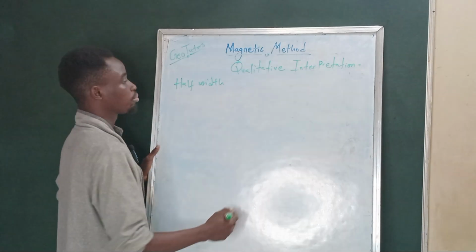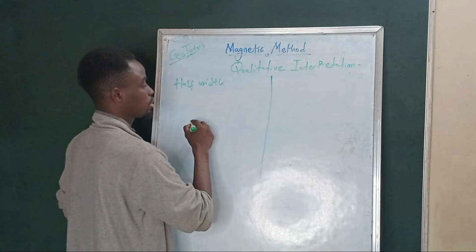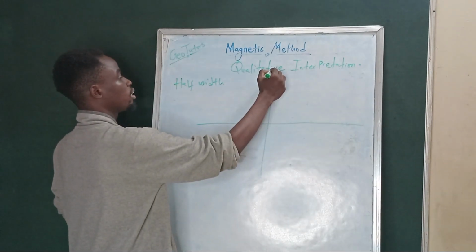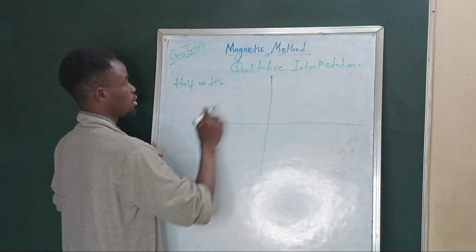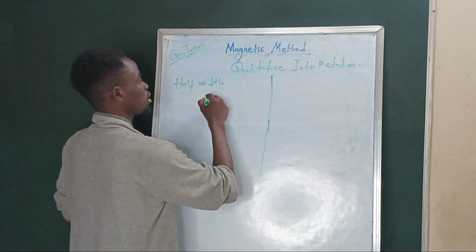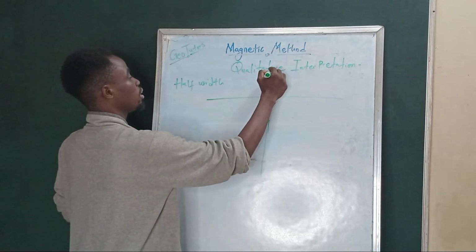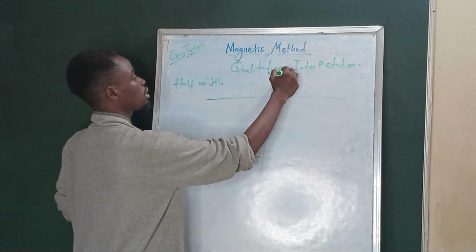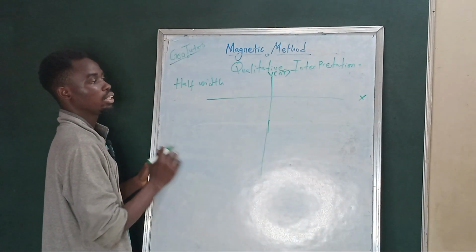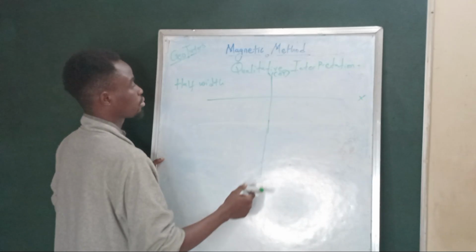For example, given that we plot magnetic data where we have our nanotesla on the y-axis and our horizontal distance on the x-axis.